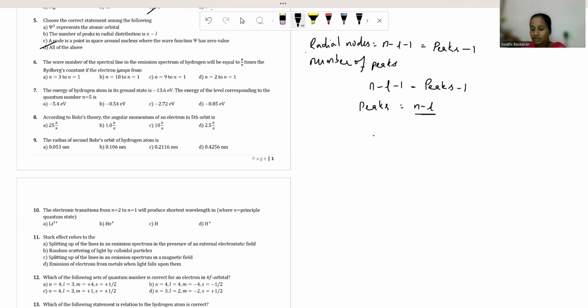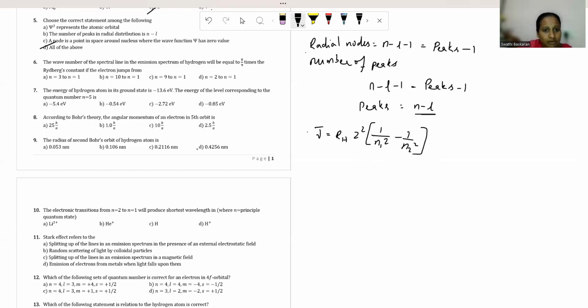So we have learnt a formula, the Rydberg formula in terms of wave number for the line spectrum of hydrogen-like species, where RH is the Rydberg constant, Z square is the atomic number squared, and we know the formula 1 by N1 square minus 1 by N2 square, right?